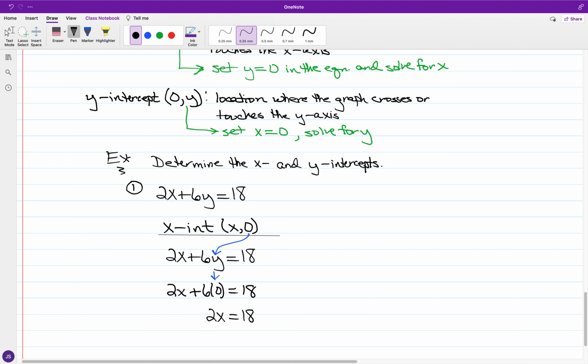If we divide by 2, we have x ending up at 9.